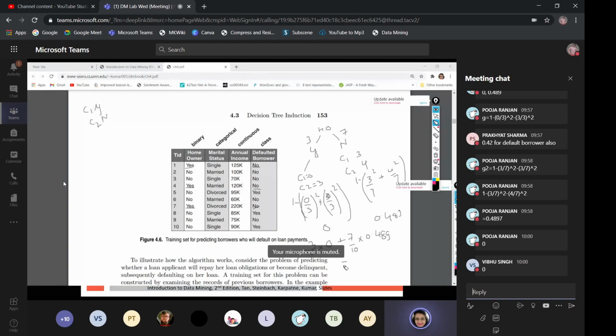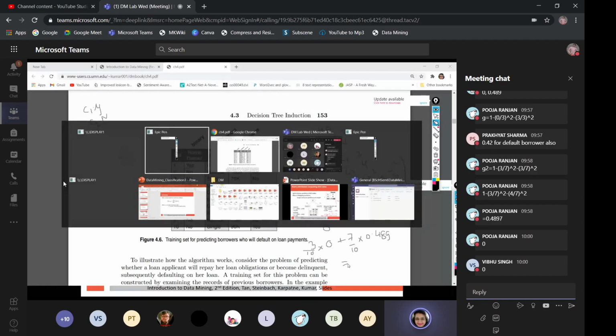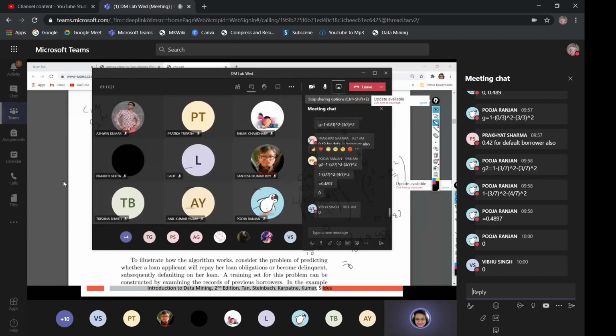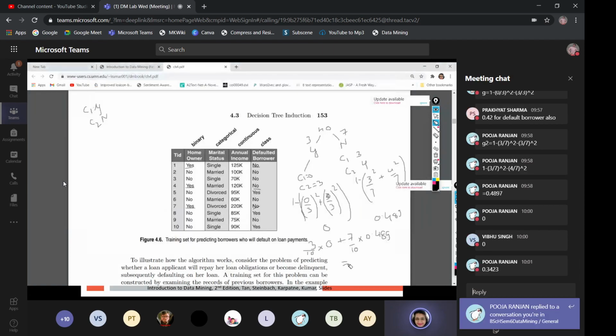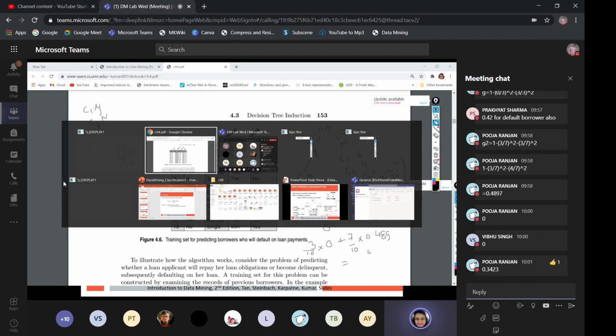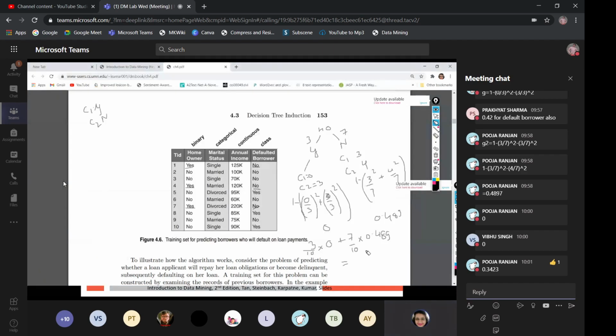What is this answer? 0.3423. Okay, now you have computed the total gain when you split on homeowner.